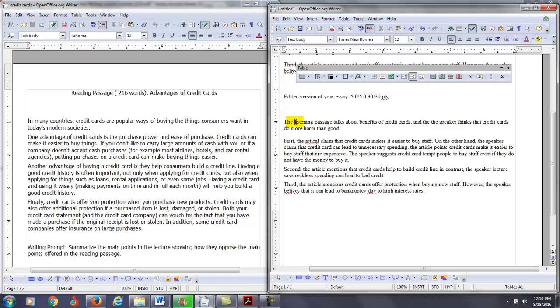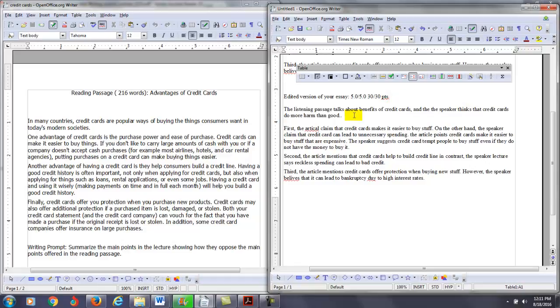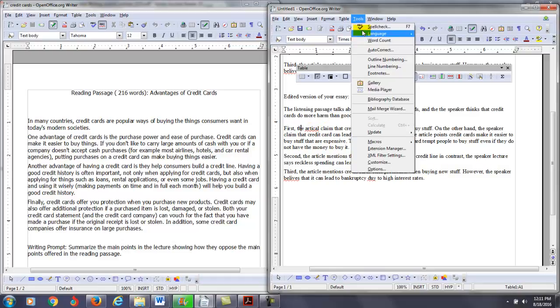Now you could say, and the lecture disagrees with those points. I'm just trying to be creative here. Okay, so I think we have the listening passage talks about the benefits of credit cards, and the speaker thinks that credit cards do more harm than good. Right? So now, let's go ahead and do a quick spell check.